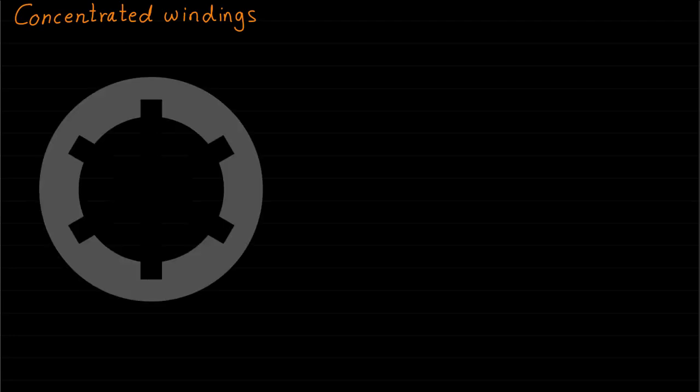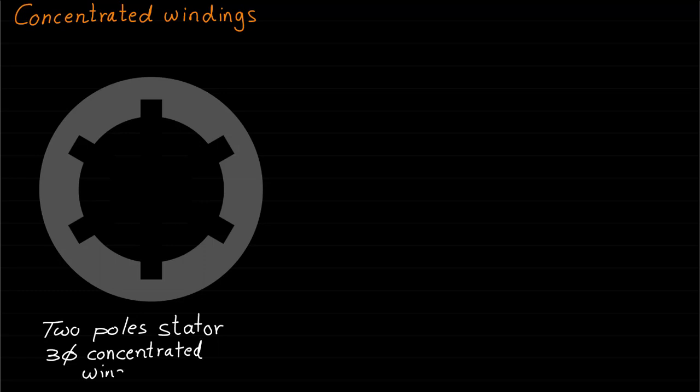This figure shows front cross-section of two poles stator core used for the three-phase concentrated windings. This stator core represents the simplest form of the three-phase synchronous machine, which consists of 6 slots.